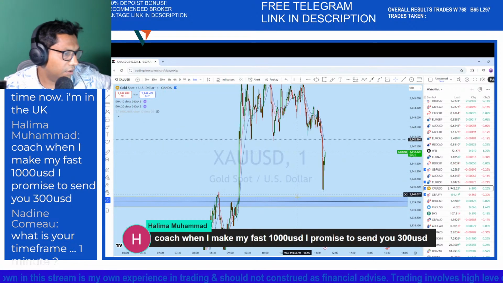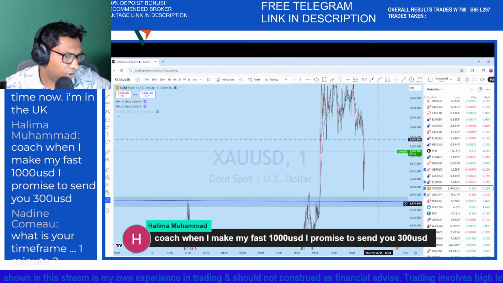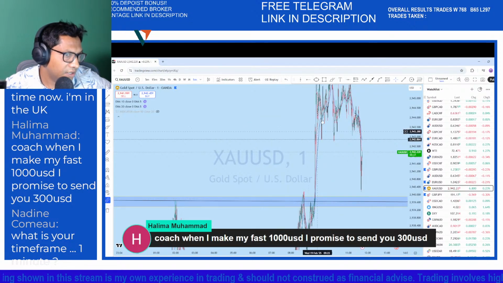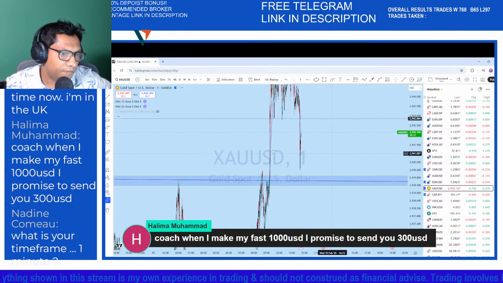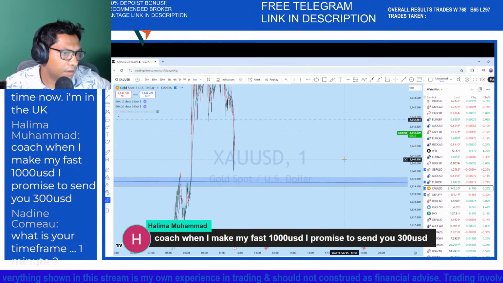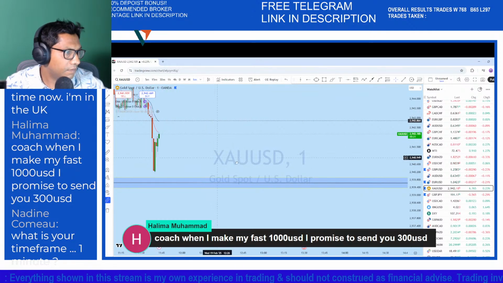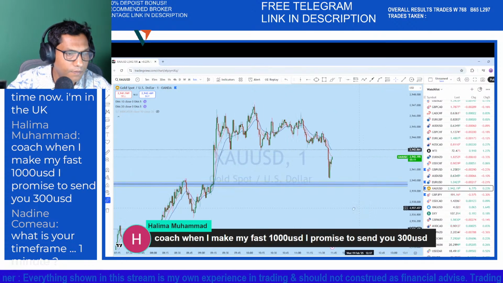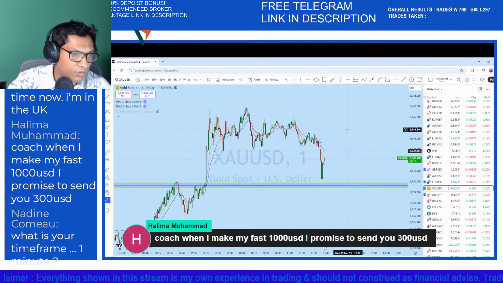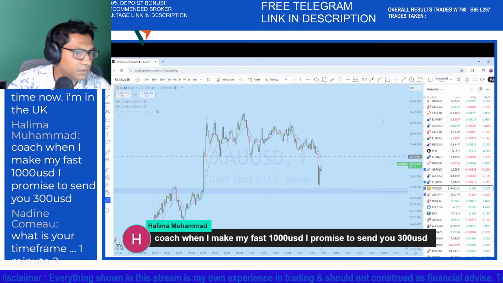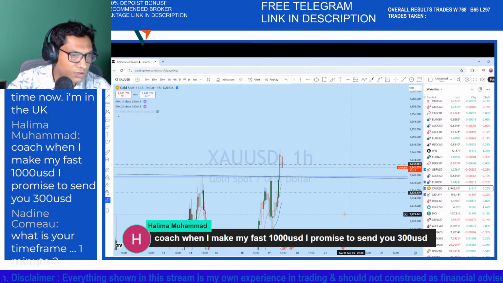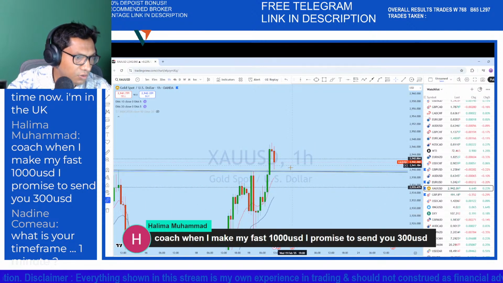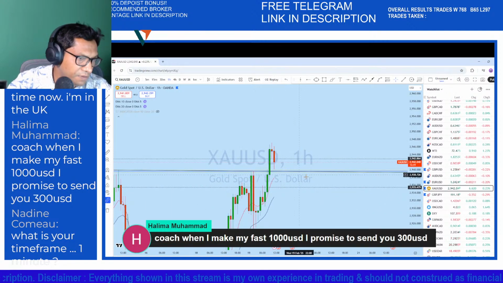Okay, so in that level here where there is a previous resistance turning support here. Now, for us to look for entry, I would like to see a further deeper pullback here.